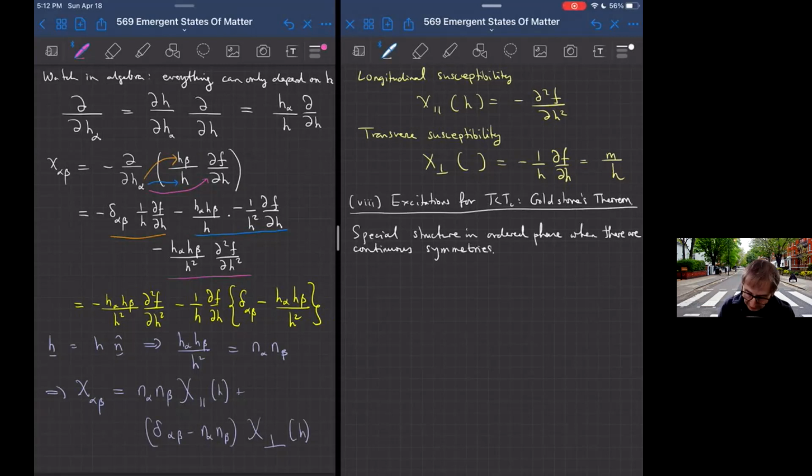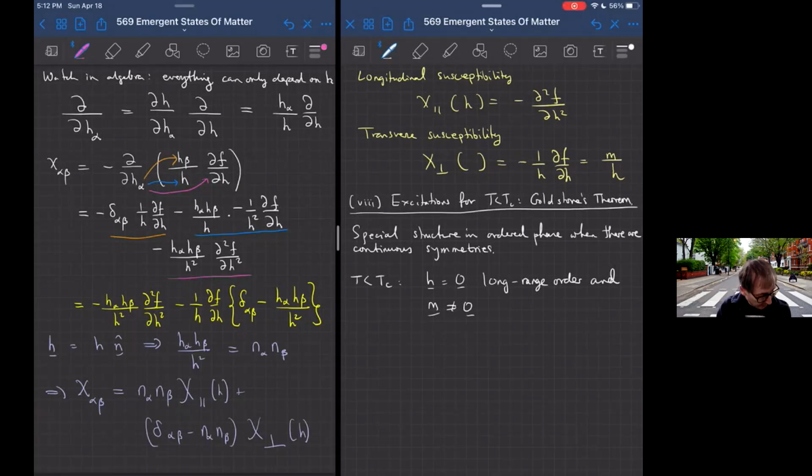So let's look at t less than tc, and so what's going to happen is when h is equal to 0, the system is going to order. So you're going to get long range order. And m is going to be non-zero. So there's some non-zero expectation value of the spins along some particular direction. So h is equal to 0 and m is non-zero.